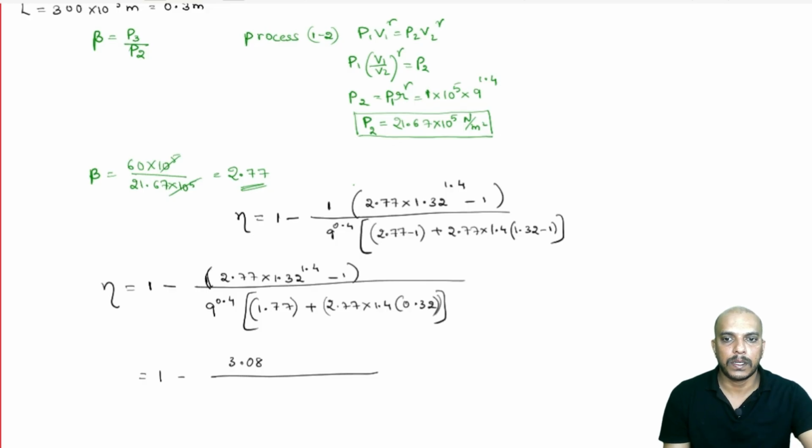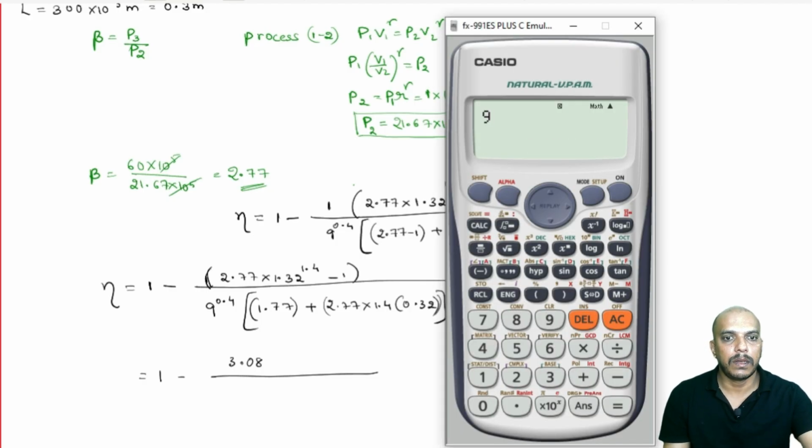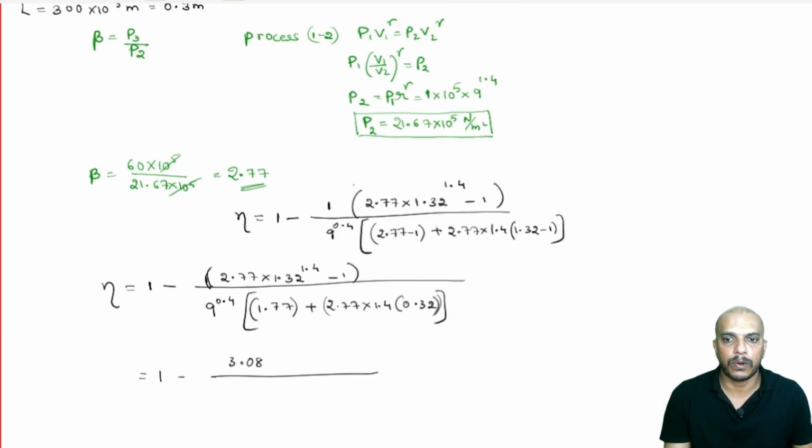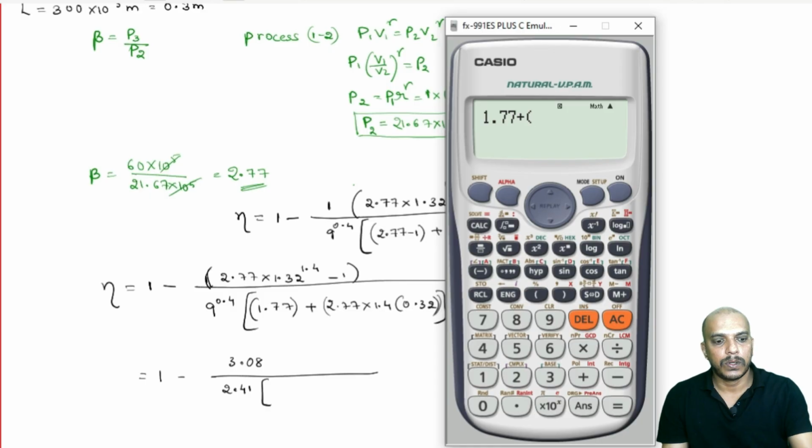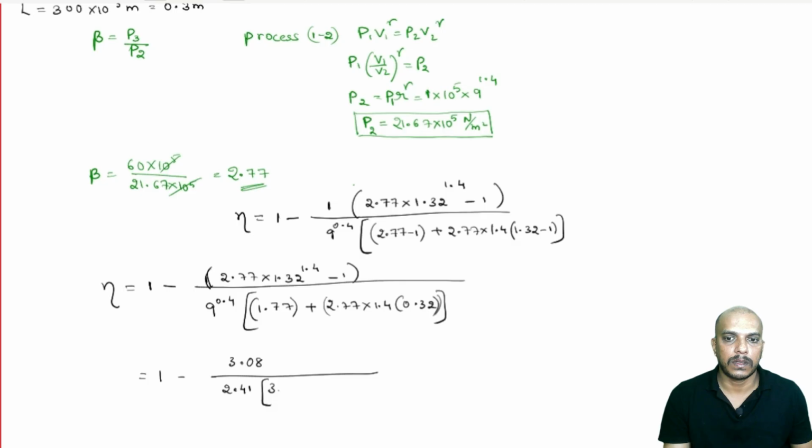Let us take the denominator. 9 power 0.4 is 2.40, or 2.408, so we can take 2.41, that is also fine, into 1.77 plus 2.77 into 1.4 into 0.32. So that will be 3.01.